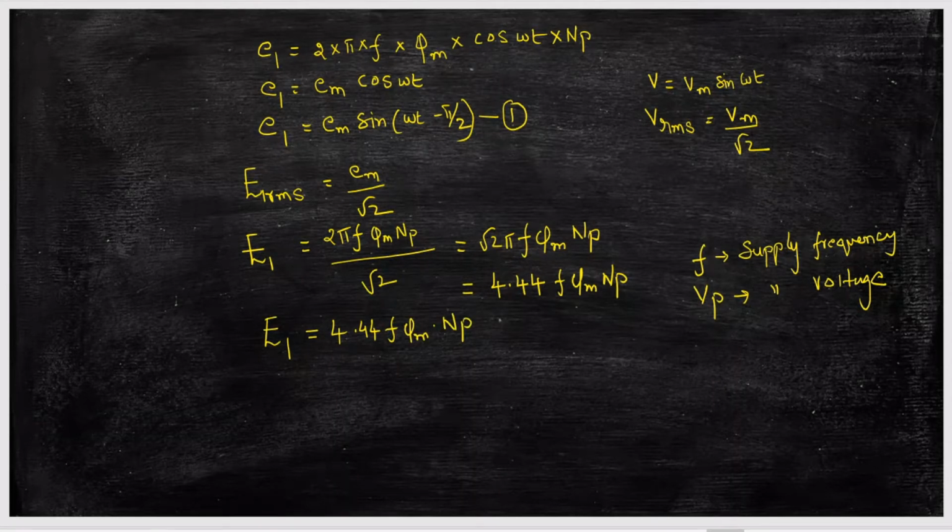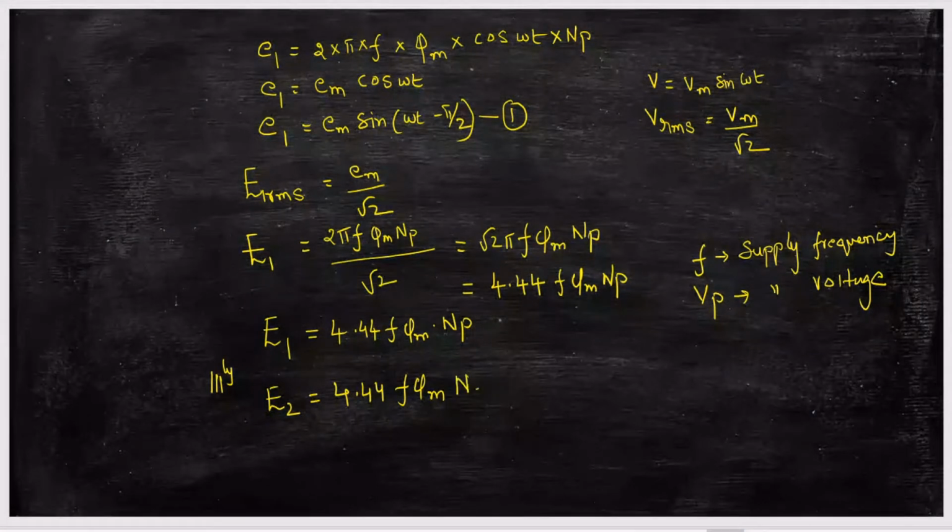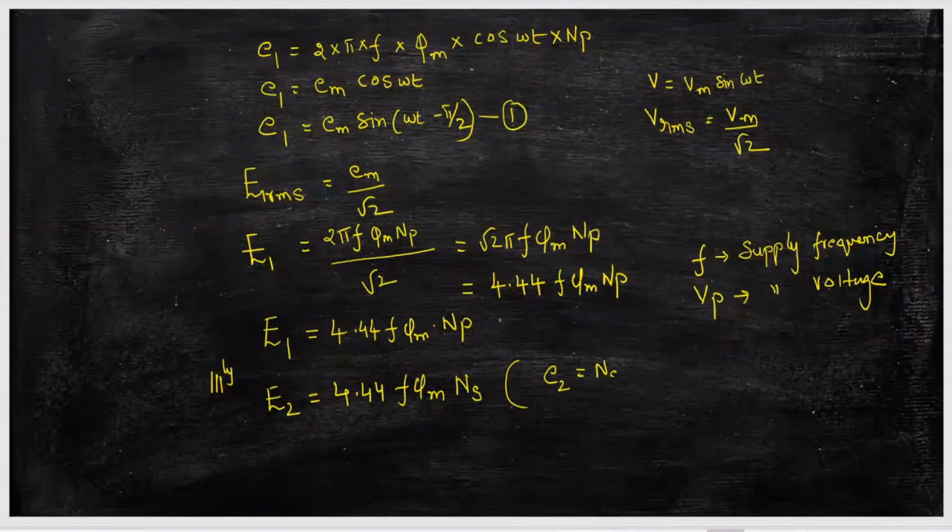Similarly, we can write the EMF equation on the secondary side as 4.44 f phi m, but here we will get NS, because E2 is equal to NS into d phi by dt.